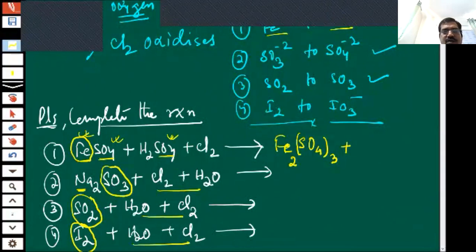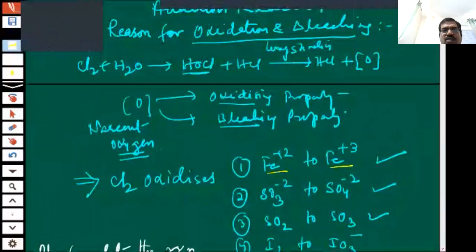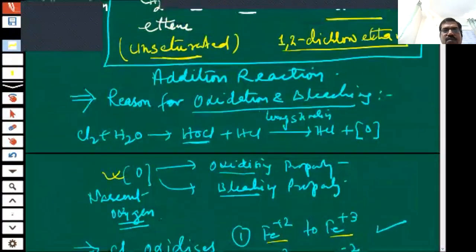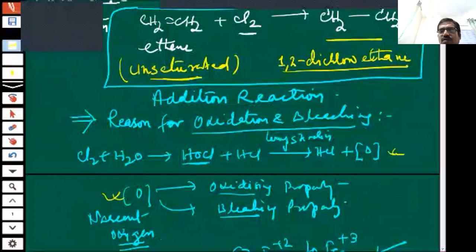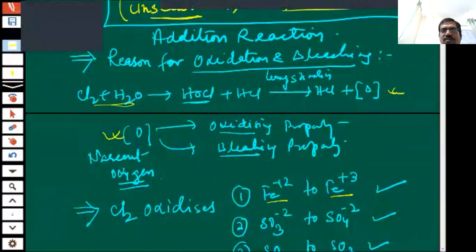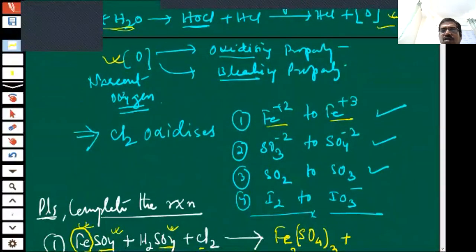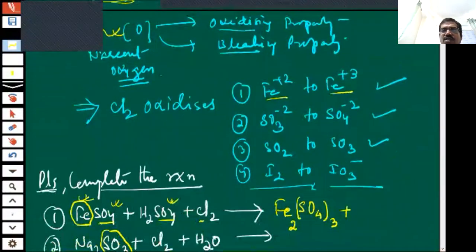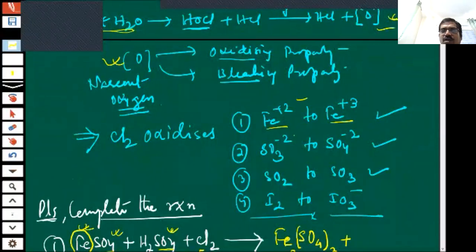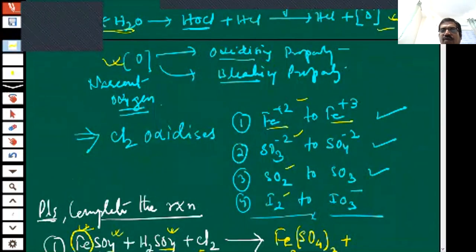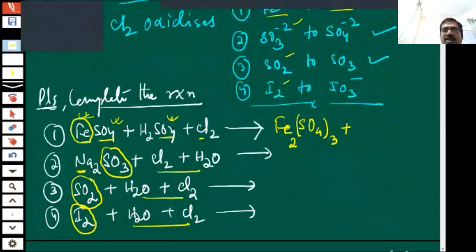Then chlorine and water and all. This ferrous to ferric is completed by this reaction only. Chlorine has reacted with water. They have given nascent oxygen, and nascent oxygen has taken electrons from ferrous, sulfite, sulfur dioxide, iodine, and they are converted.